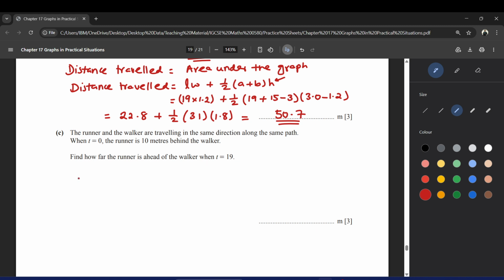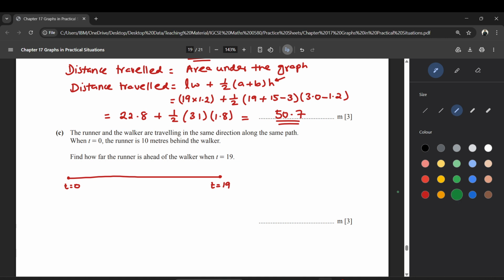So in order to better visualize the situation, it is a good idea to draw a quick diagram. Let me just draw one more time. Suppose that at this point t is equal to 0, and at this point t is equal to 19. Now at t equals 0, the runner is 10 meters behind the walker.